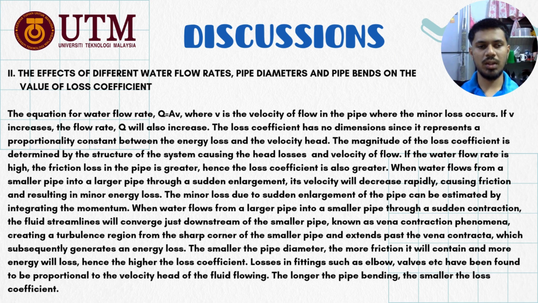The smaller the pipe diameter, the more friction and the more energy will be lost, hence the higher the loss coefficient. Losses in fittings such as elbows, valves, etc. have been found to be proportional to the velocity head of the fluid. The larger the pipe bend, the smaller the loss coefficient.